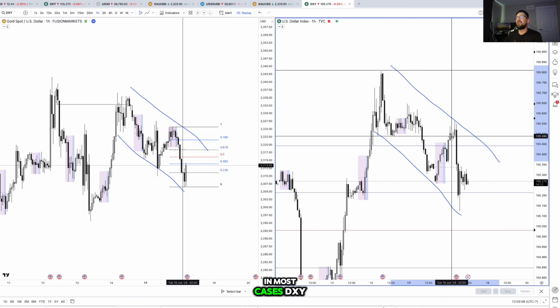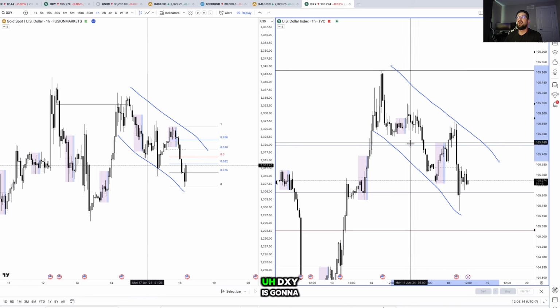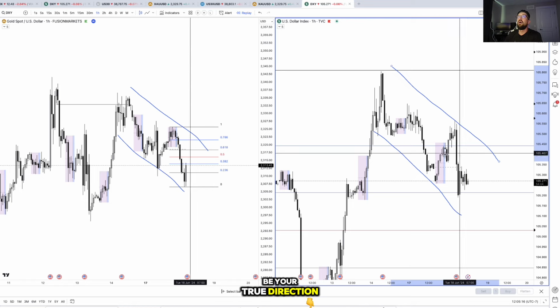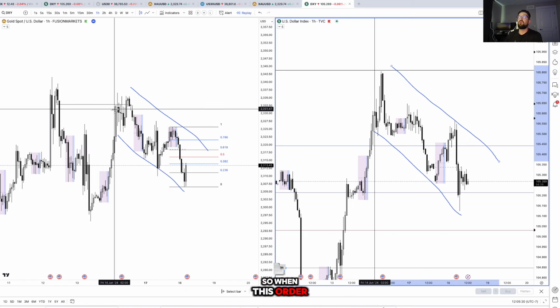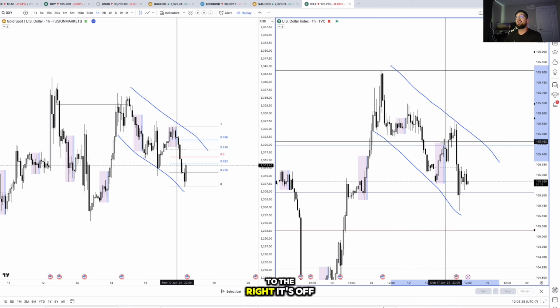In most cases, DXY is the true order flow. I would say, again, 80% of the time, 85% of the time, DXY is going to be your true direction. And gold or US30 would be manipulating. So when this order flow matches the order flow to the right, it's off, it's wrong, it's being manipulated.